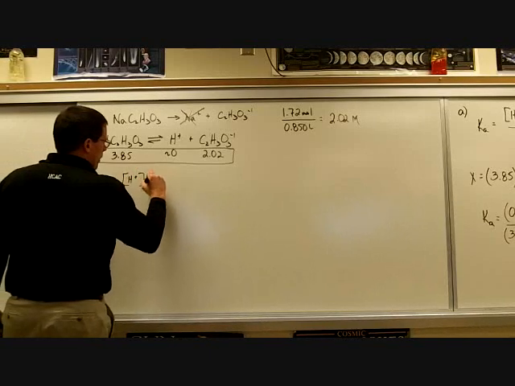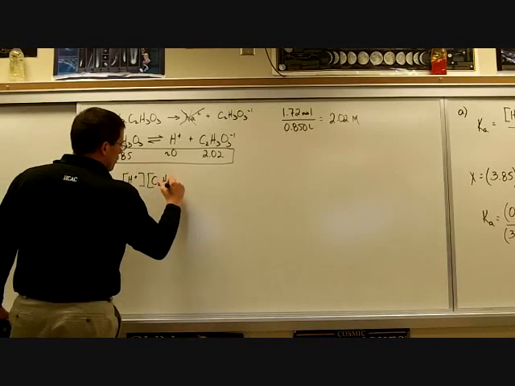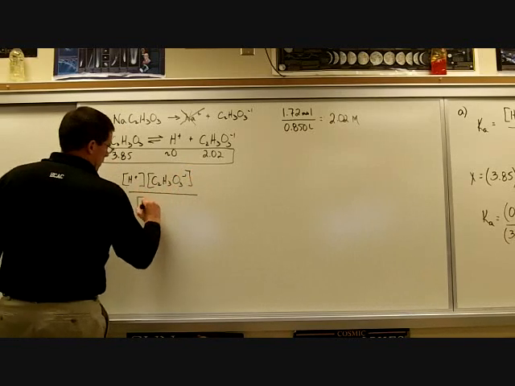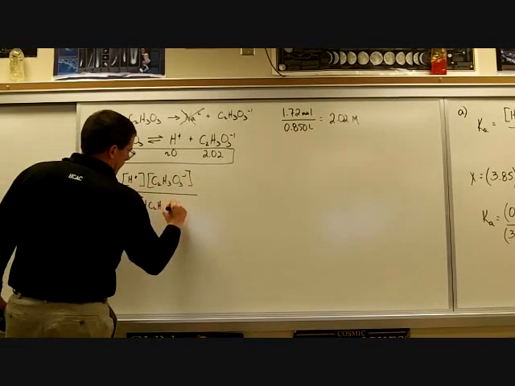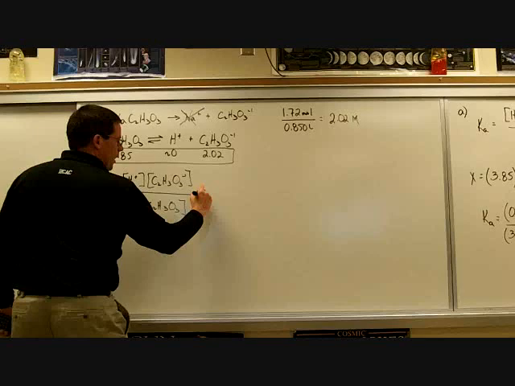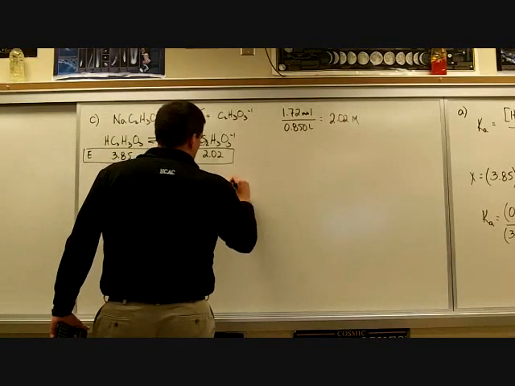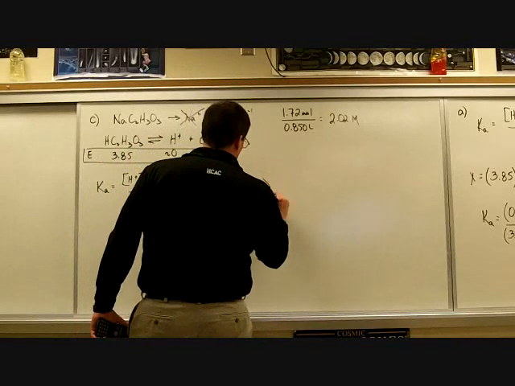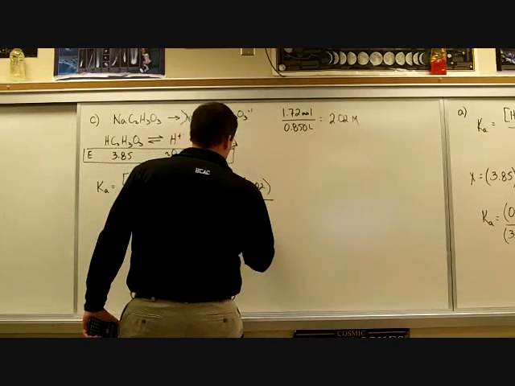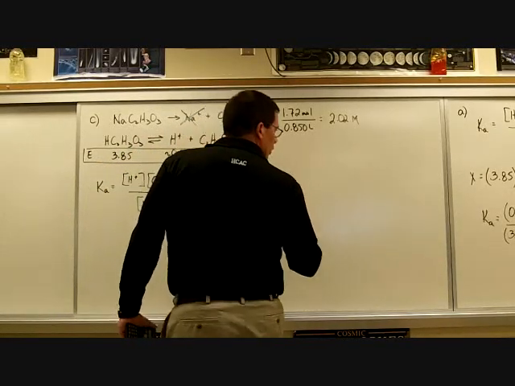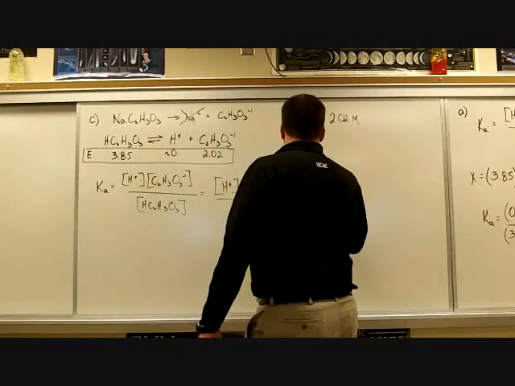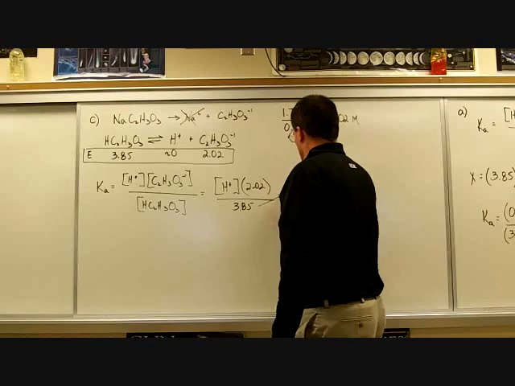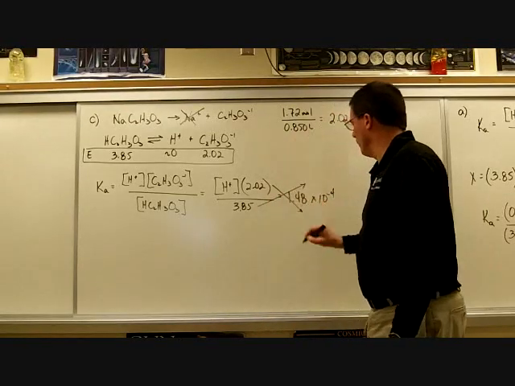You guys already have it on your paper. You don't have to rewrite it each time. So in this case, we're looking for the hydrogen, and we have 2.02 and 3.85, which is equal to the Ka that we found earlier, 10 to the -4. So bring that up, multiply that.